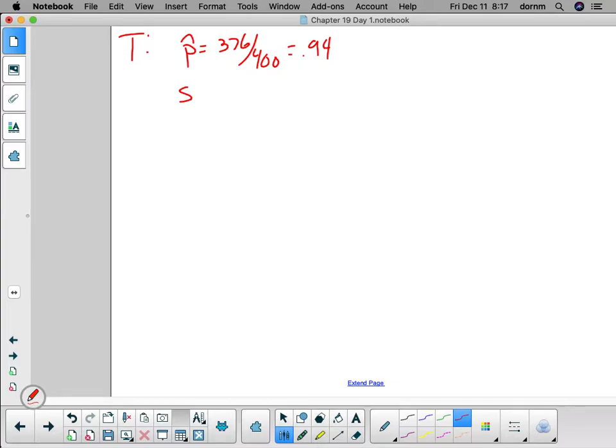So in this situation, do I think I know what the population proportion is? Yes, because I have P equals 0.8, so I'm going to use 0.8. Okay, so it's going to be the square root of PQ over N. So 0.8 times 0.2 over 400.